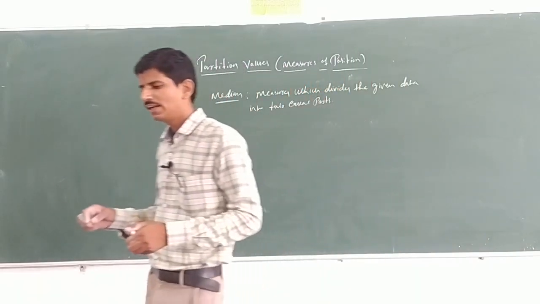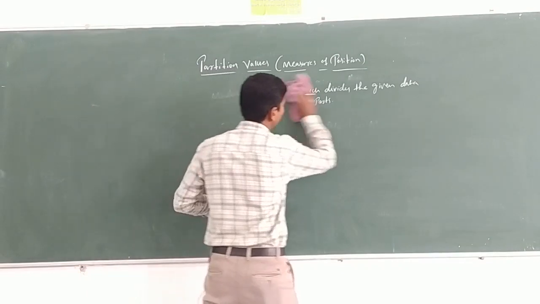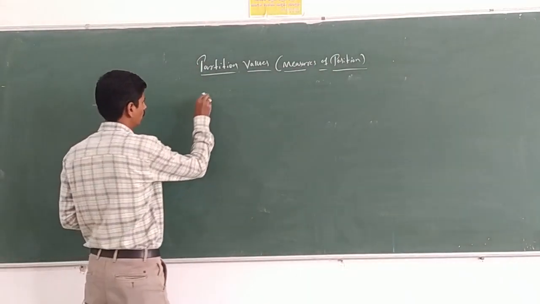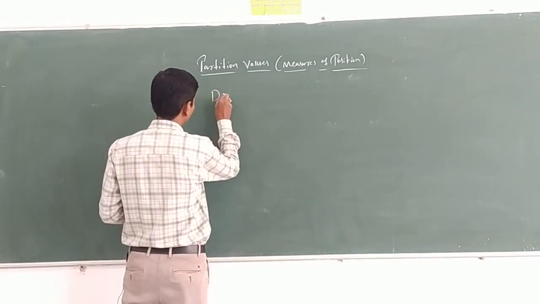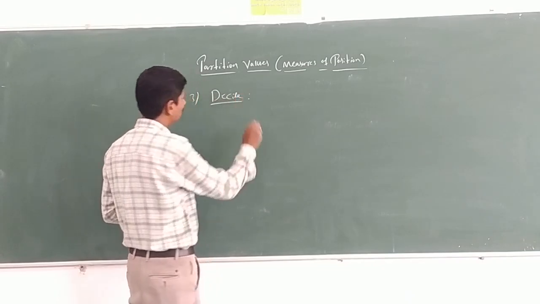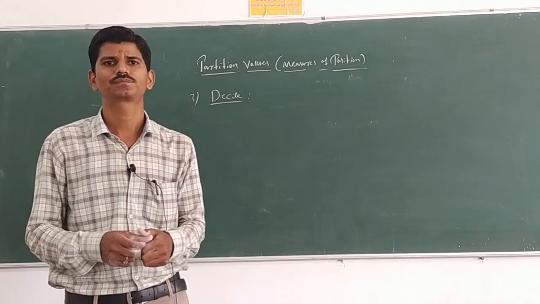The next partition value, the third one, is decile. What is a decile? Decile means 10.